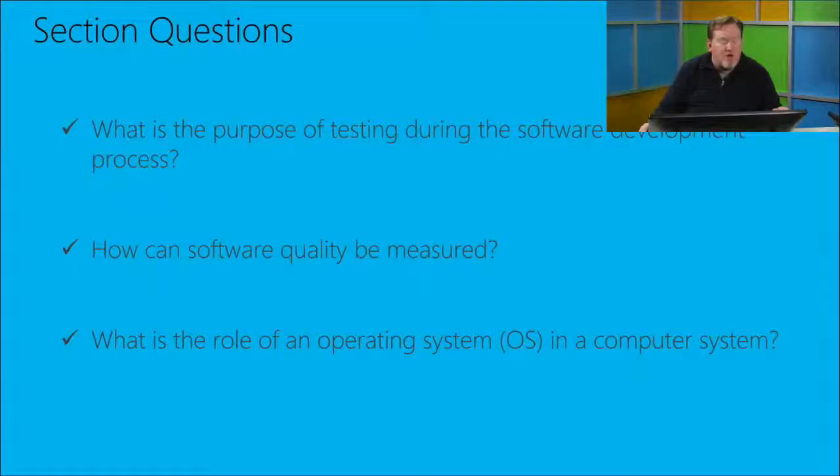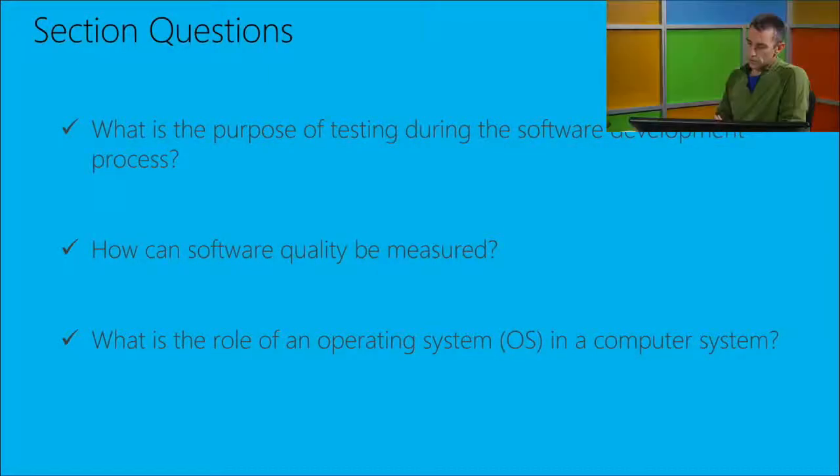Next question is, how can software quality be measured? We talked a little bit about that. Give us some more detail there. That's right. So you're going to be coming up with the metrics that your team is going to follow and your team's going to be interested in. So you're going to design and develop those metrics at the very beginning. Those are going to go into your test plan. A great example of that is the severity of the bugs found in a particular area and the counts of the bugs found in that area.